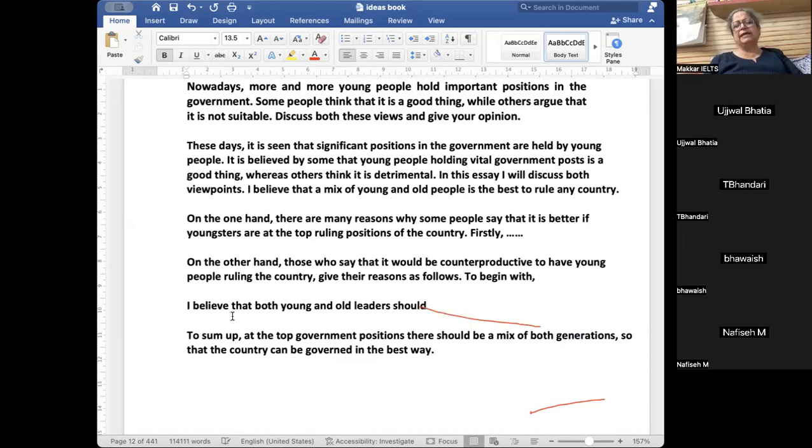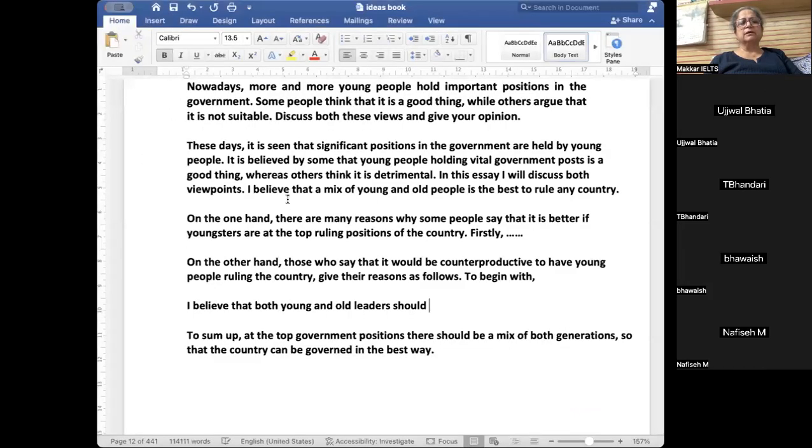Robin, please stop making these lines. I thought he would stop, but okay. I believe that both young and old leaders should hold the reins of the country.